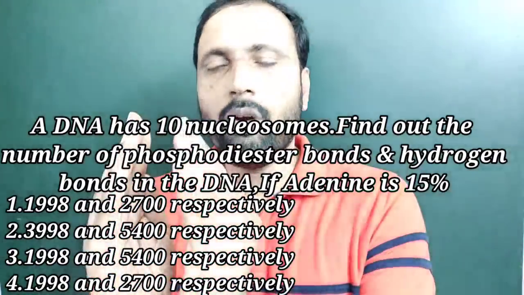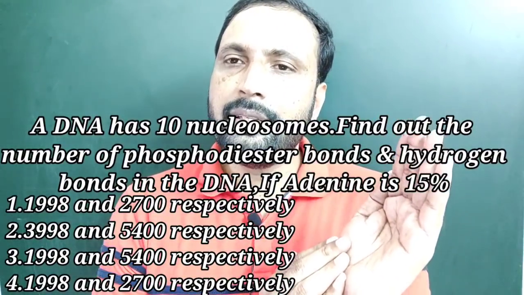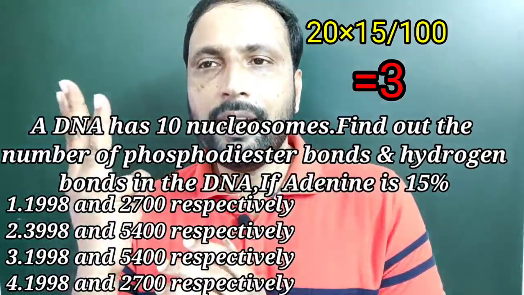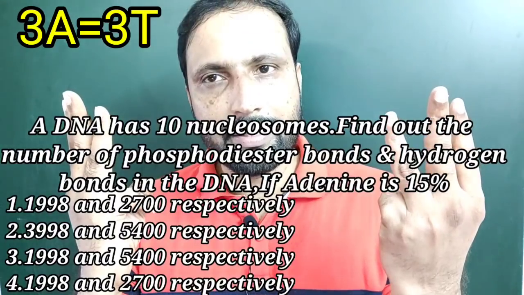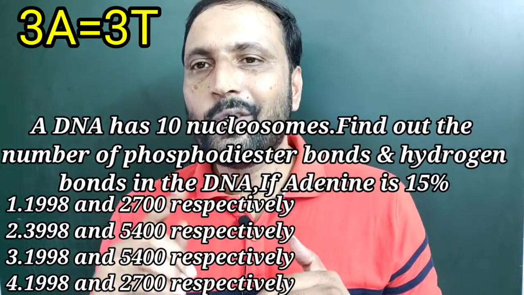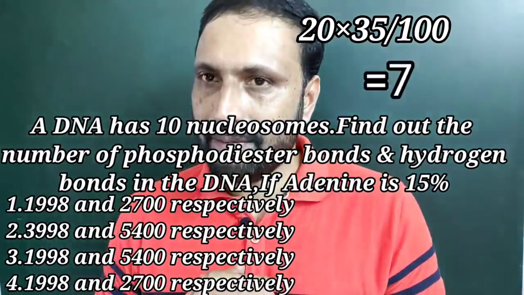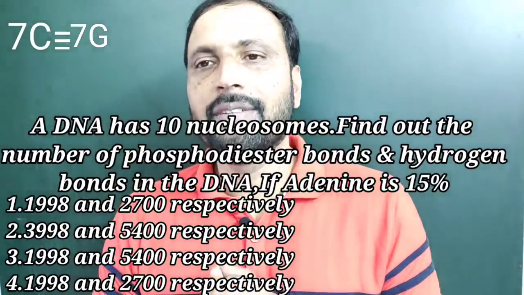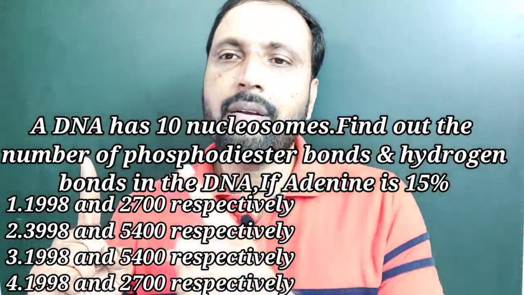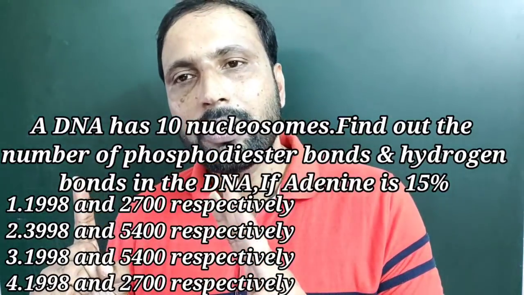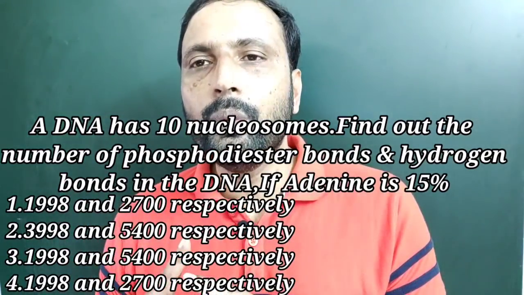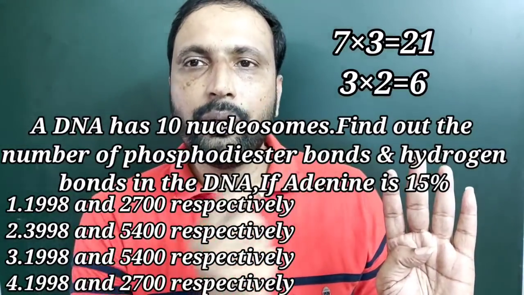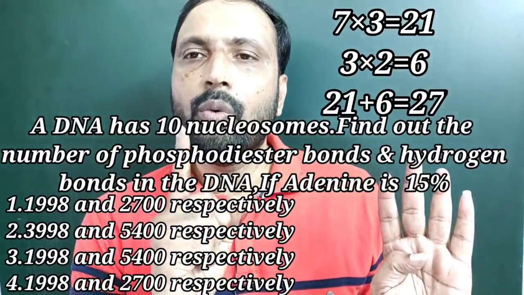Suppose you take only one coil: adenine percentage 15 means 20 into 15 by 100, which means 3 adenines are complementary with 3 thymines. 35% means 20 into 35 by 100, which means 7 cytosines are complementary with 7 guanines by 3 hydrogen bonds, so 7 into 3 equals 21 hydrogen bonds. The 3 adenines are complementary with 3 thymines by 2 hydrogen bonds, so 3 into 2 equals 6.